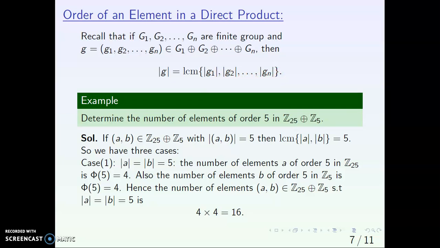This theorem we already know. We will use this theorem and the theorem in the first slide.